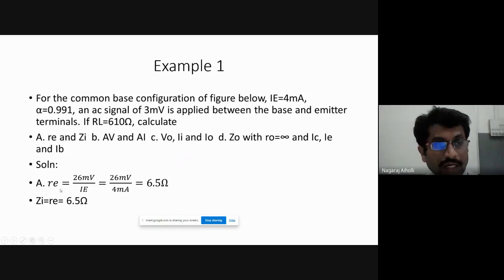Use the formula RE is equal to 26 millivolt by IE. Calculate here how much you are getting as the value of RE. Take your calculator and calculate, all of you. RE is equal to 26 millivolt by IE. Find out the value of RE.